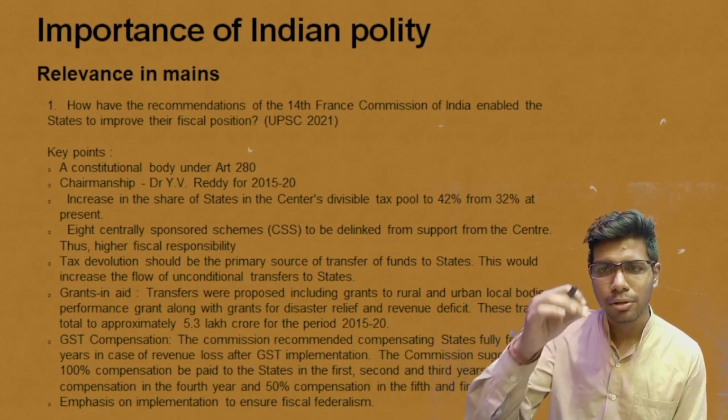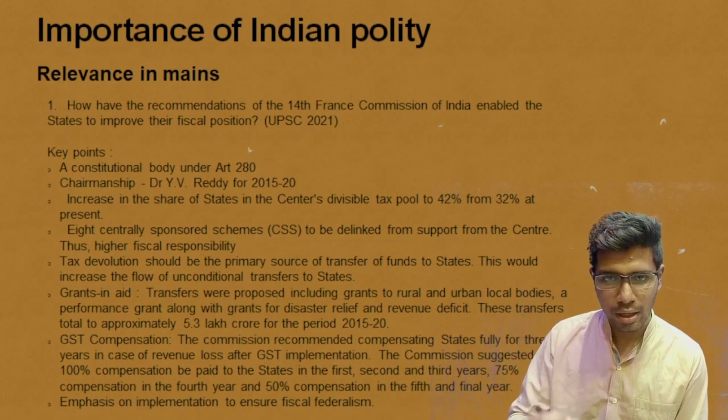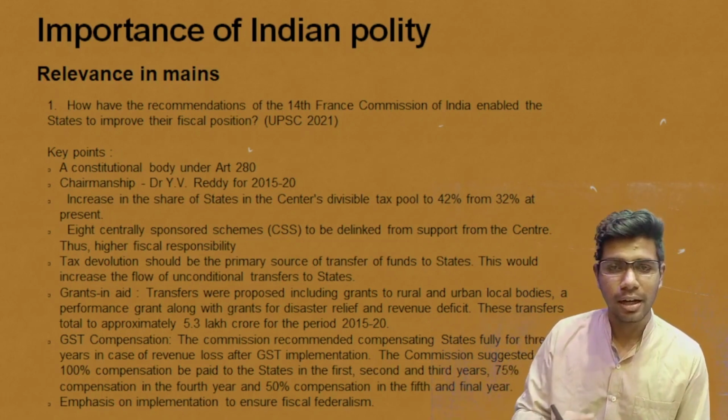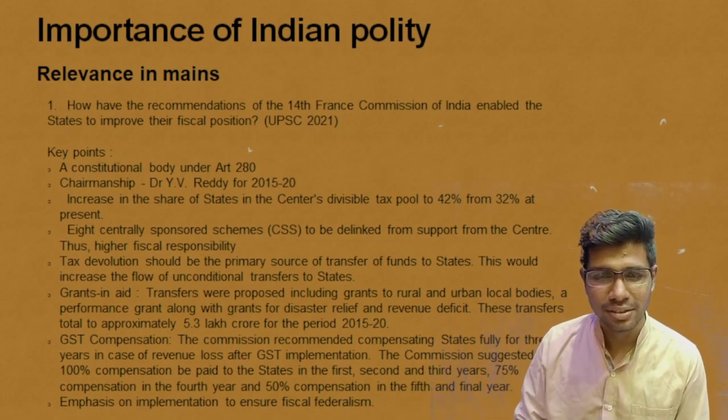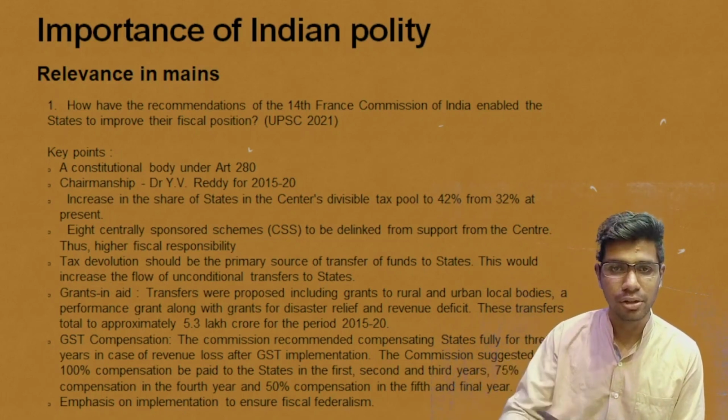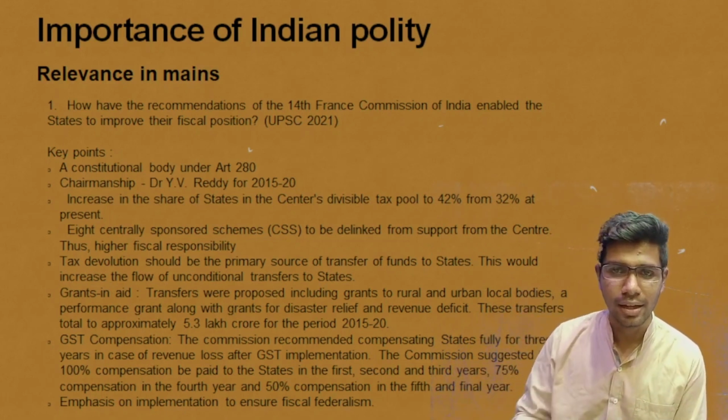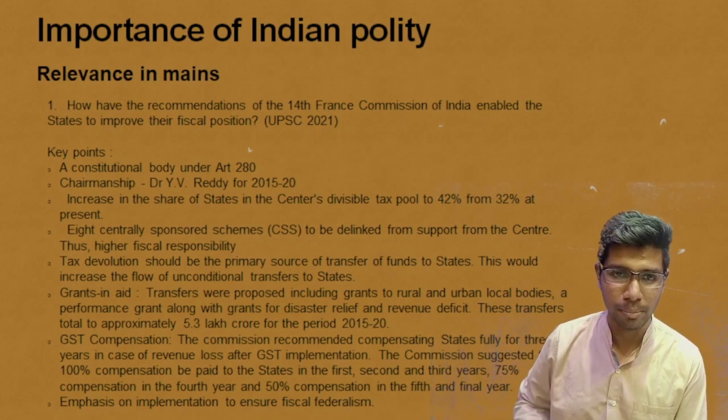And to implement the GST, goods and services tax, the center actually promised the states that we will give you compensation for the next 5 years, so that you don't get bankrupt abruptly, right?